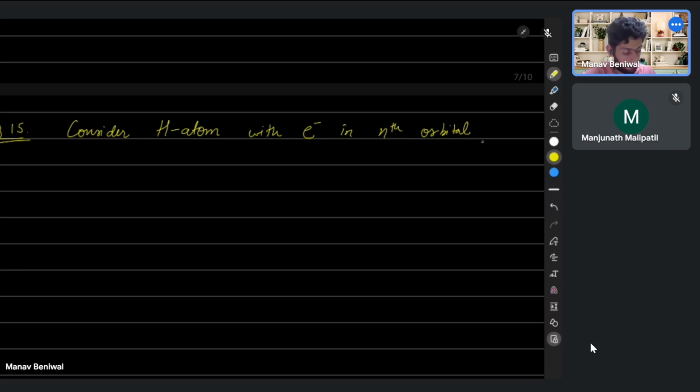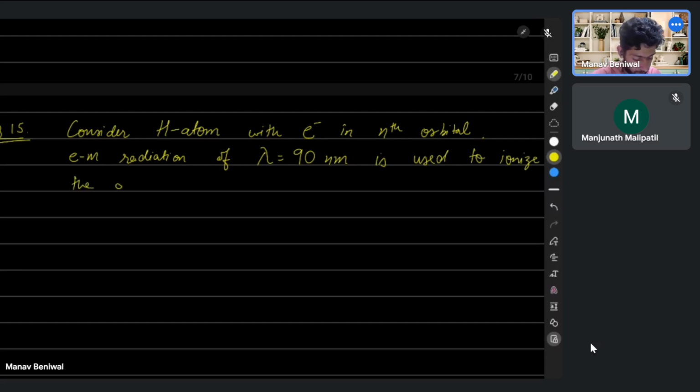Now you have EM radiation of lambda equals 90 nanometers used to ionize the atom.